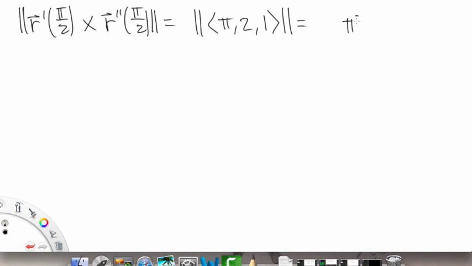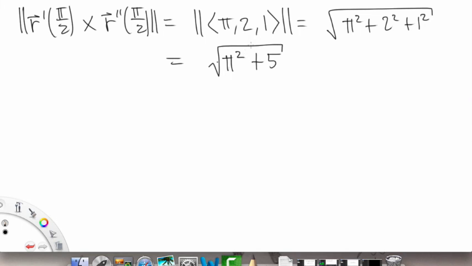We're going to square each component separately and add them together, and then put a square root symbol. So this is equal to the square root of pi squared plus 5. This is going to be the top portion of our curvature answer, basically.